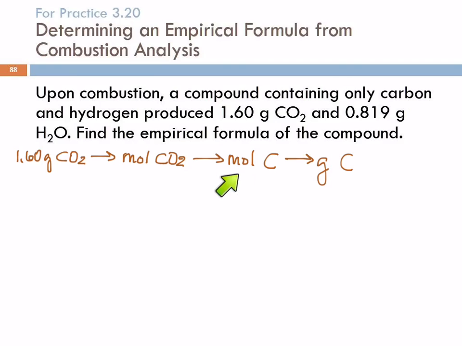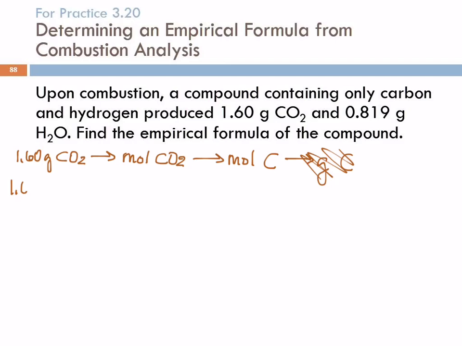So this is what we're going to convert it to. So maybe there's really no point in going all the way to grams. If we just stop here, we're going to have moles, and that'll save us some time, right? So we actually don't need to go that far. Because the other steps we did mass to moles, and then we did ratios. So let's just stop at moles.